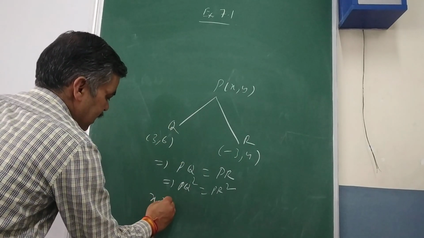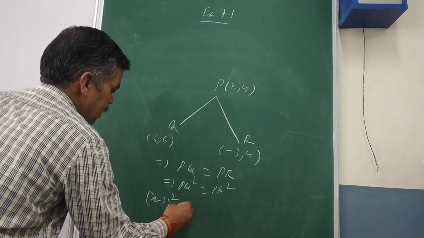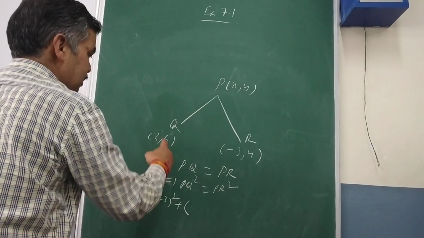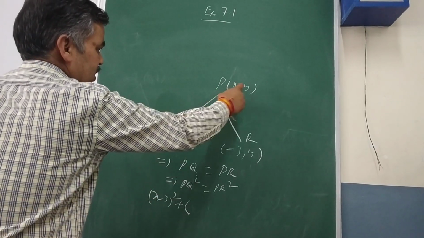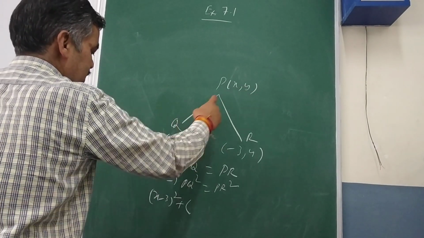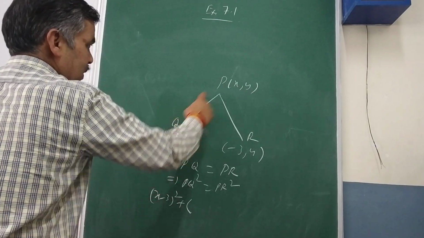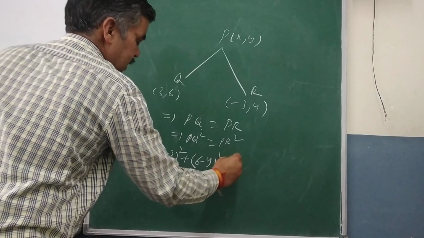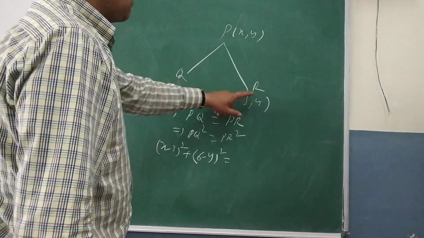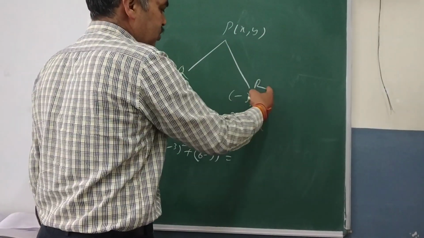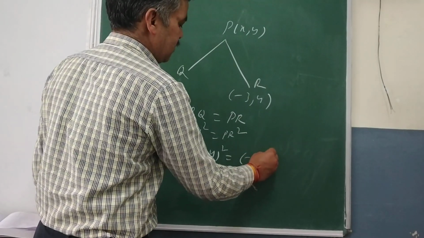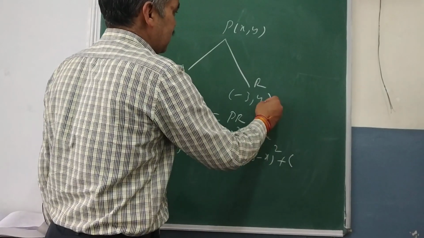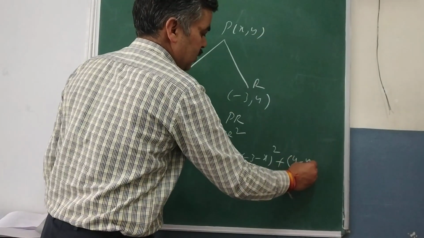Again you apply the same thing, x1 y1 x2 y2. So here I will be getting (x minus 3) whole square plus (y2 minus y1). Suppose I am taking this is x1, this is y1, this is x2, this is y2. So x1 is 3, x minus 3, x2 minus x1, y2 minus y1 means (6 minus y) whole square is equal to, in case of this PR, x1 y1 x2 y2. So again this will be (minus 3 minus x) whole square plus (y2 minus y1), that is (4 minus y) whole square.